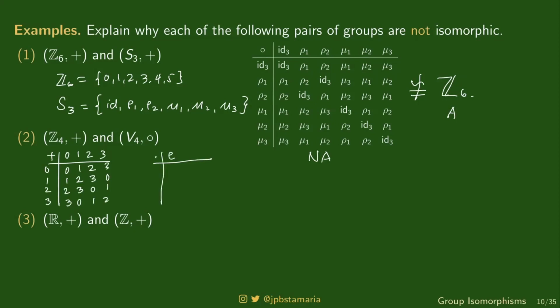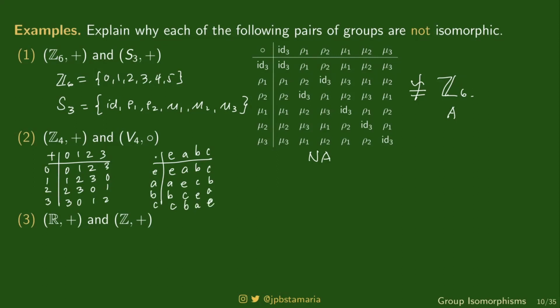Ito, sige, e, A, B, C. Magkasing dami naman sila ng laman, no? Magkasing dami sila ng laman. Pangalawa, parehas silang commutative. Sir, bakit hindi sila isomorphic? Sige nga, bigyan niyo ako ng reason.